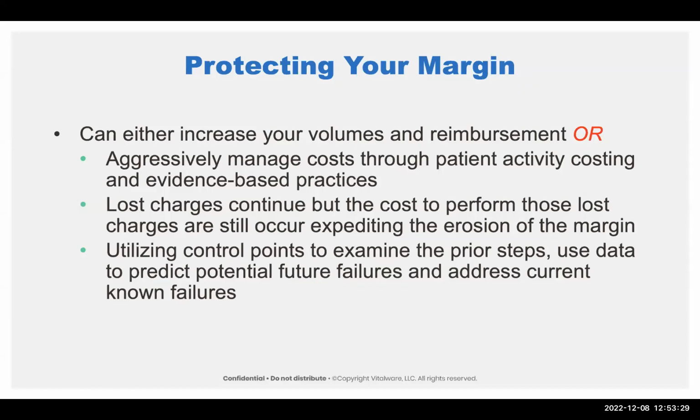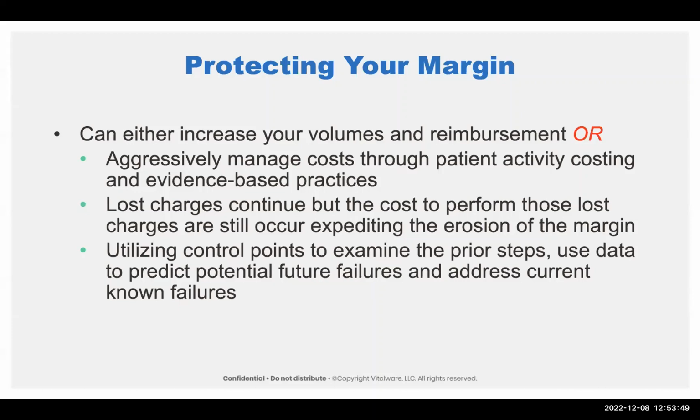Lost charges continue, so you're going to continue with that. And then utilizing control points to examine the prior steps and use data to predict potential future failures and address known failures. So basically, I'm going to look at what's going on today. Do I think that's right? If it's not right, what's the root cause?